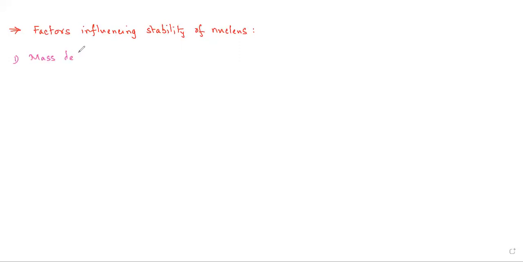The first one is mass defect. Generally, during the formation of a nucleus from the protons and neutrons, some amount of mass is lost.